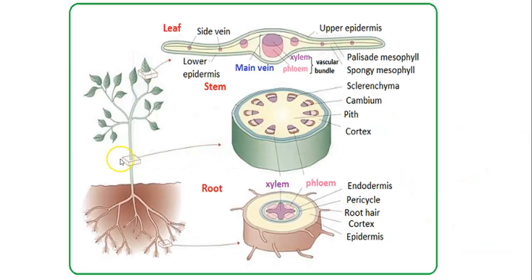Again, cross sections in the stem, in the root and in the leaf. Here you can see our vascular bundle made of xylem and phloem. And you can see the side veins of the leaf. You have the main vein made of the vascular bundle and the side veins of the leaf. And you can see the ring-shaped organization in the stem.